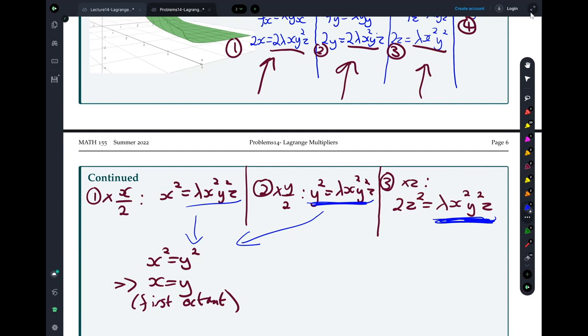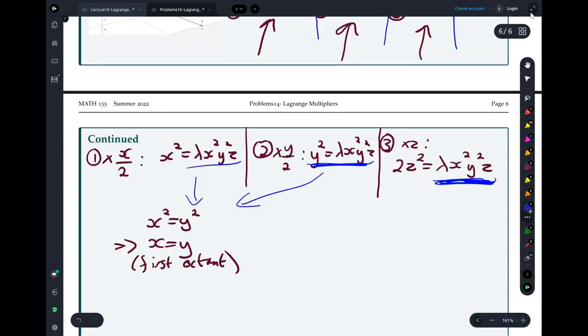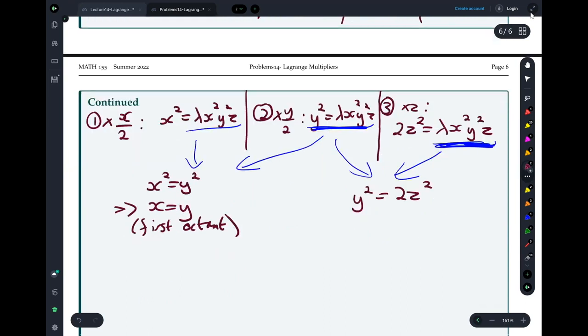So all we've done is some manipulation here where we're going to be able to equate things. So now let's equate these two things. We're going to have y squared is equal to z squared. In other words, we can rearrange this so that y is equal to root 2 of z, and because we're in the first octant, x, y, and z must all be positive.